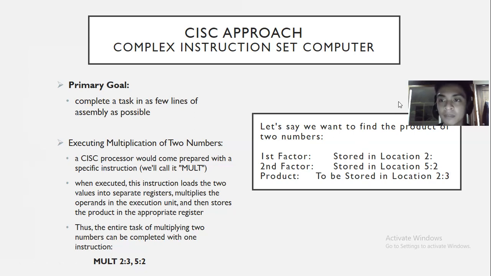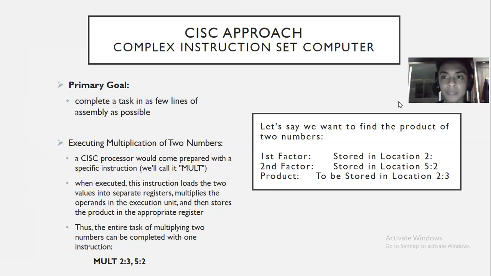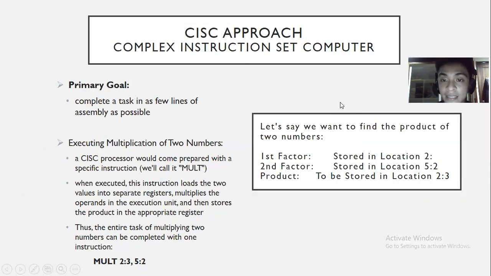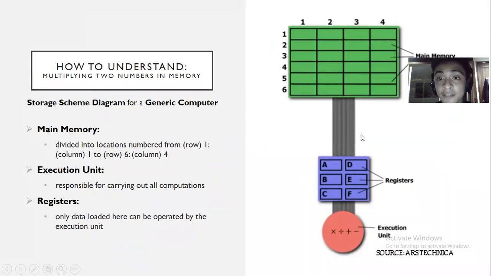Let's tackle first the instructions on how to do the multiplication. Let's say we want to find the product of two numbers. The first factor is stored in location 2, 3, row 2, column 3, and the second factor is stored at 5, 2.